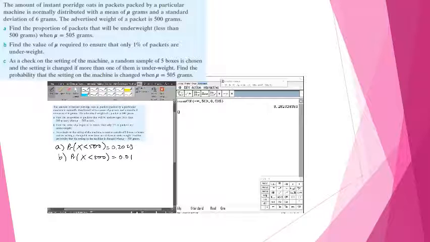Now, we can't normally do that without finding what the mean is. If you remember the previous part, we need to use the inverse. So we need to convert it to a z value, so that we have 0.01.